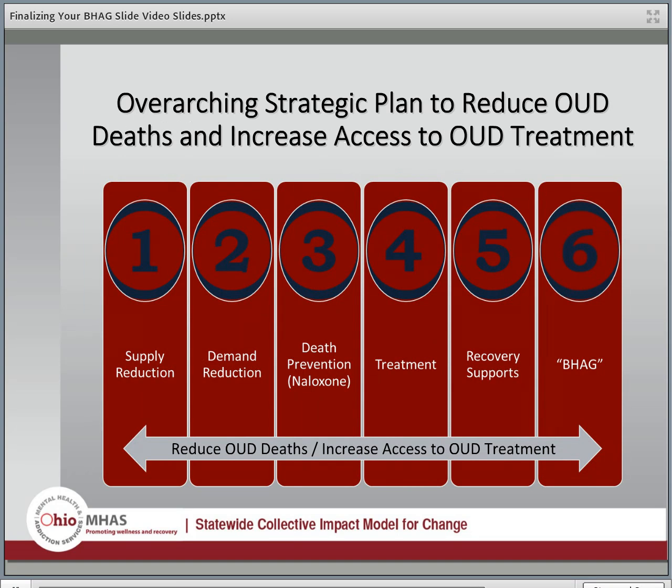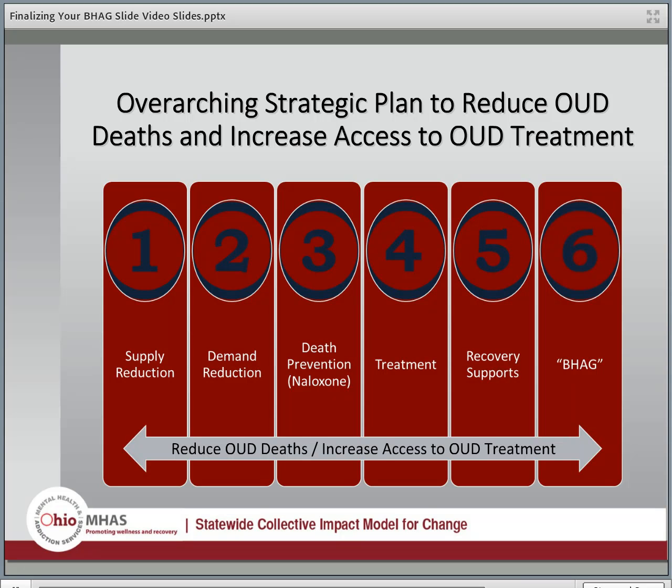At the beginning of the CCIM4C initiative, we framed the strategic plan to address the wicked problem of reducing opioid use disorder deaths and increasing access to opioid use disorder treatment, the two main goals of the initiative, into 6 smaller components shown here.